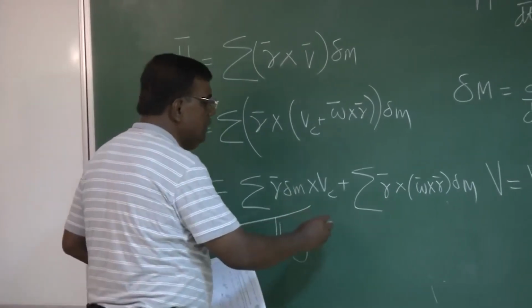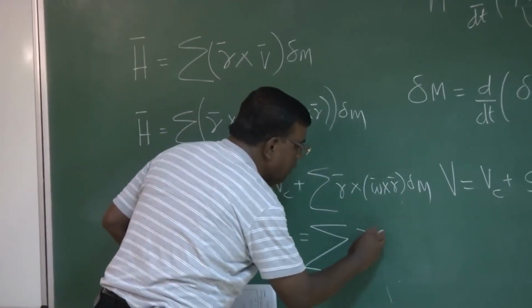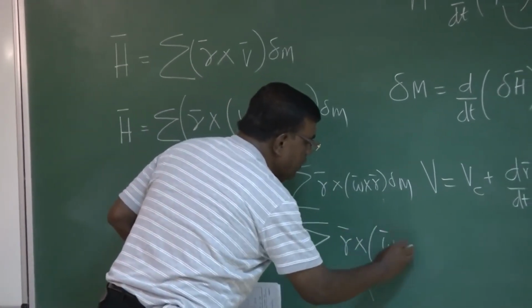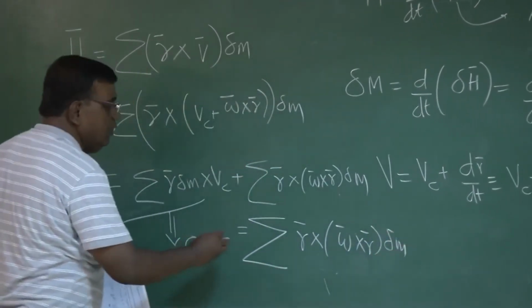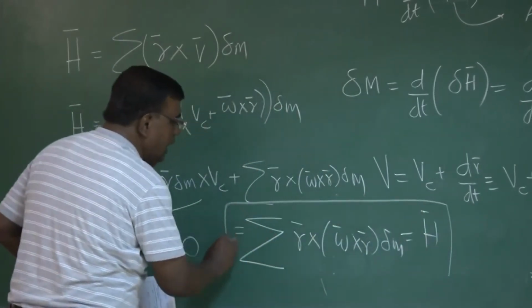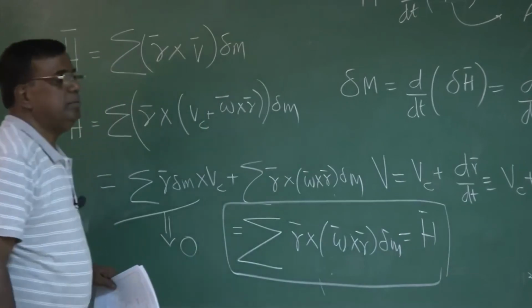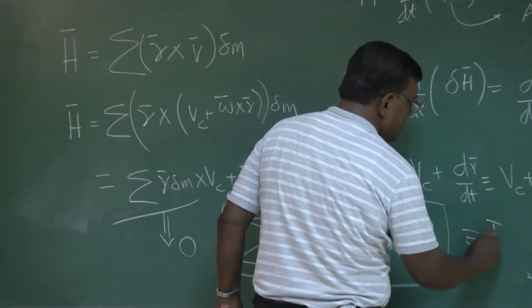So this term goes, and you only have the term summation R cross omega cross R dm, which is equal to angular momentum H. And these are all done with respect to the inertial frame. So I always keep on repeating, all in terms of the inertial frame.